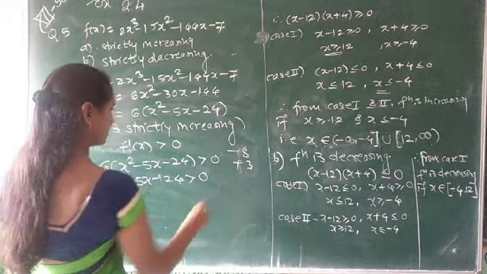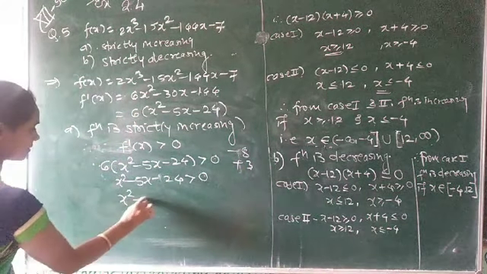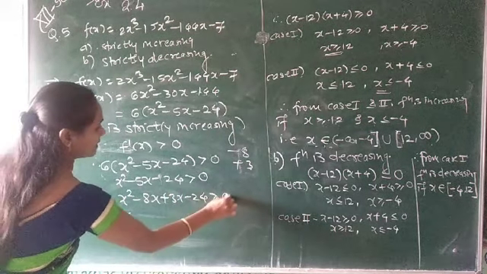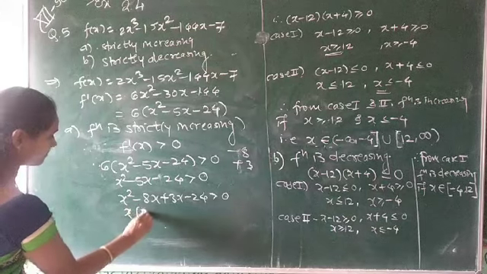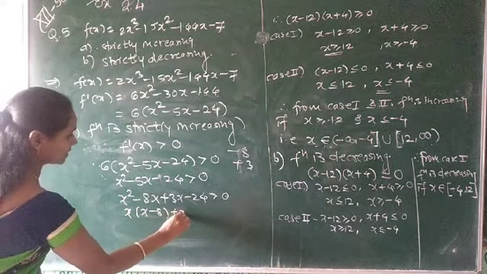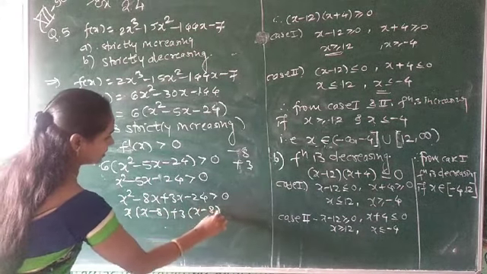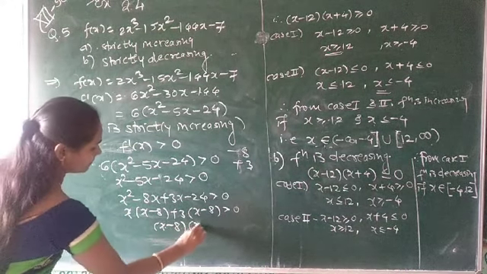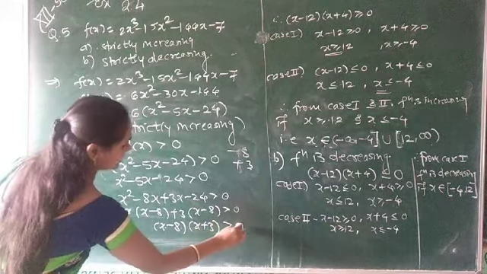If we take the addition, then we will get minus 5. x square minus 8x plus 3x minus 24 greater than 0. x common, x minus 8, plus 3 common, again x minus 8 greater than 0. Then x minus 8 into x plus 3 greater than 0.